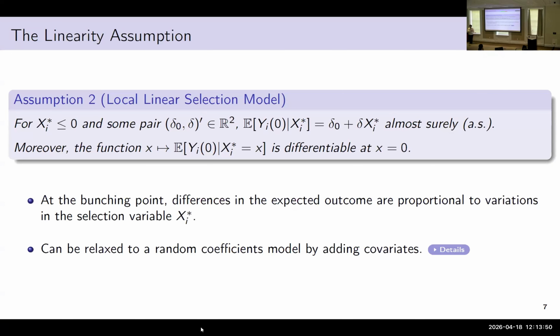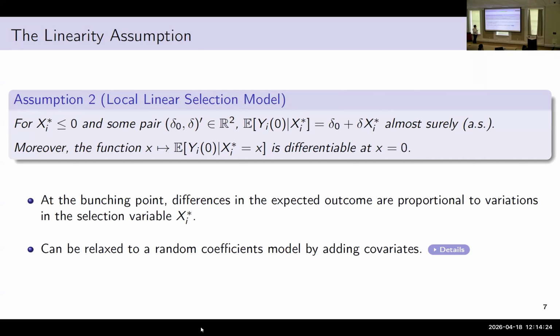Again, like the other differentiability condition, this also has some economic or substantive interpretation. You need that on average, the untreated potential outcome around the bunching point is comparable between observations. So this gives us comparability between those exactly at X star equals zero, who are marginally indifferent at the bunching point, and those that have a strictly positive treatment. So that's also a substantive assumption.